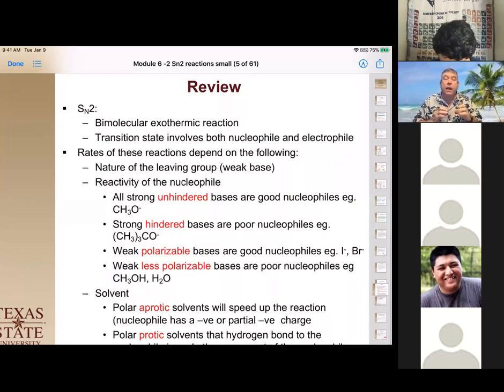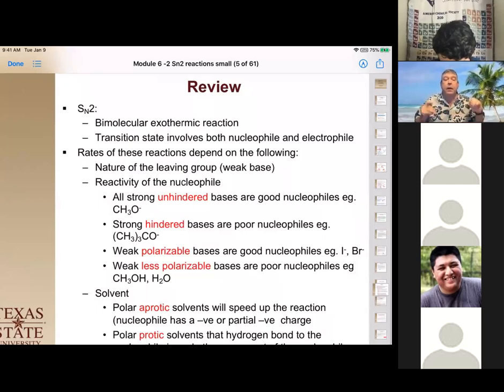However, once our nucleophile gets really big and bulky, it starts getting harder and harder to act as a nucleophile because there's less and less room for it to come in and do that substitution reaction. So anything that has a t-butyl group on it or a couple of benzenes hanging off it is going to be very difficult to act as a nucleophile.